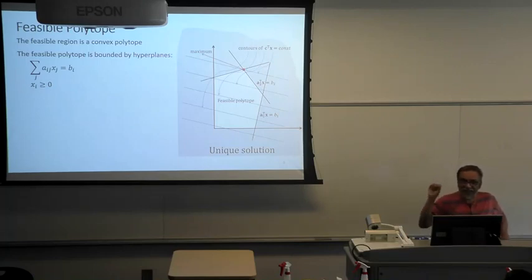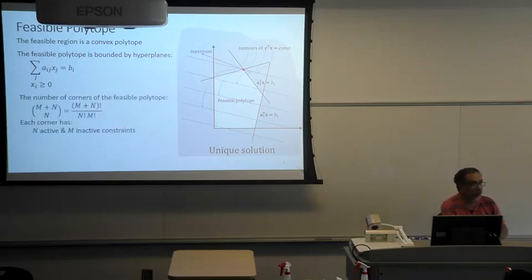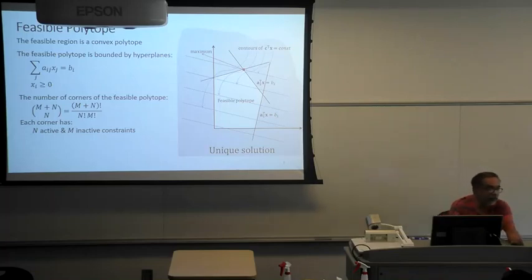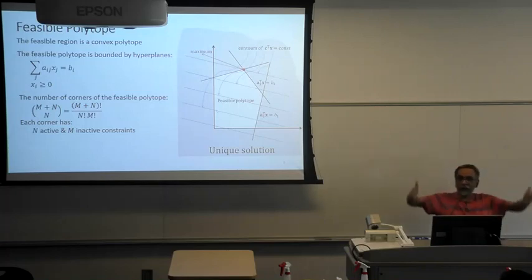And so m plus n choose n will be the total number of corners like this, including the origin. Now, two observations. The feasible region is convex. If you're surrounded by straight lines, it cannot be concave. You cannot have any concave part. So the feasible region is convex, and it's surrounded by all these n minus 1 dimensional hyperplanes.